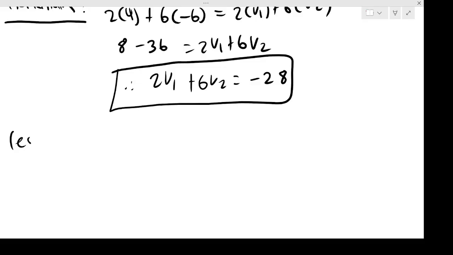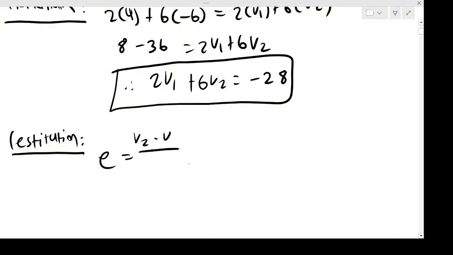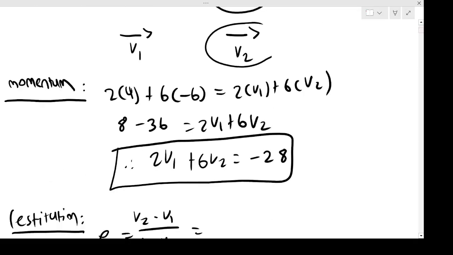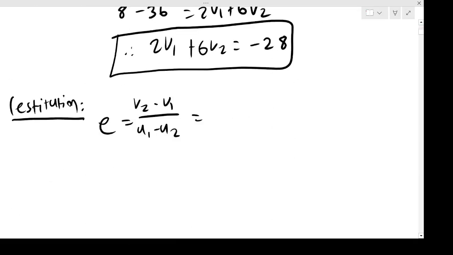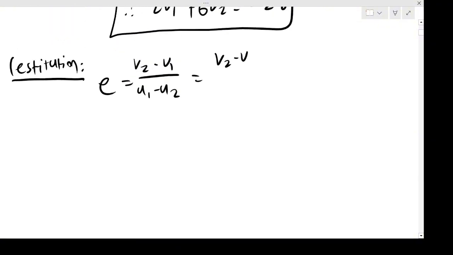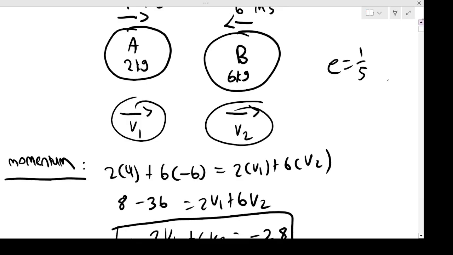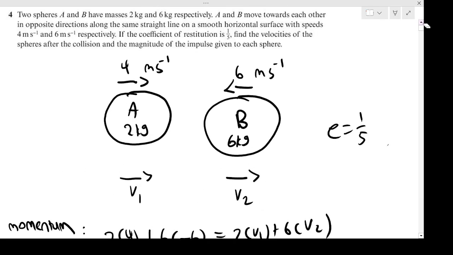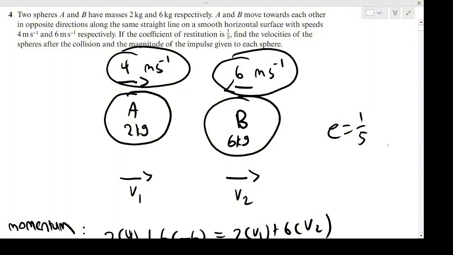And then we're going to use restitution. Remember, my standard formula is E is V2 take away V1 over U1 take away U2. Well, obviously I've got V2 and V1 here, so it's just V2 take away V1. And then U1 take away U2, well, this is U1, which is 4, and U2 is 6.